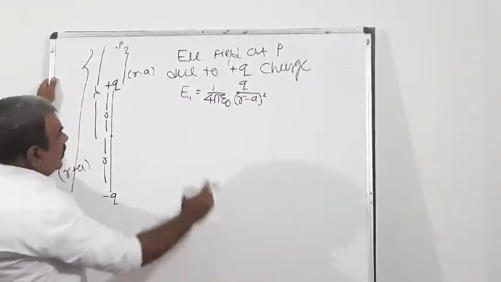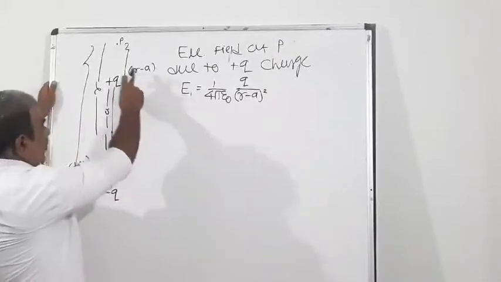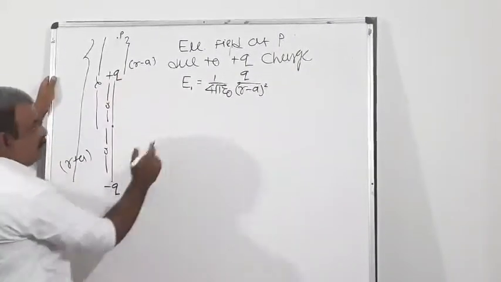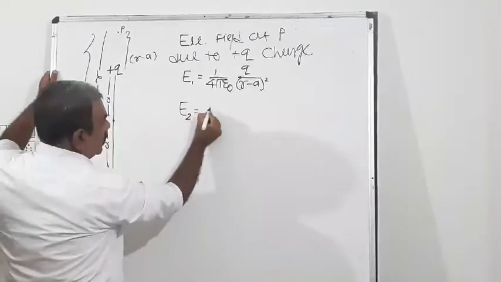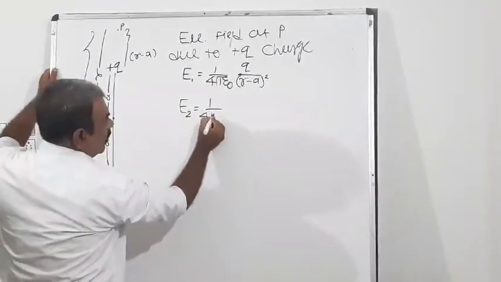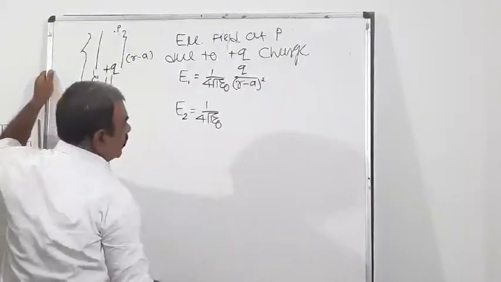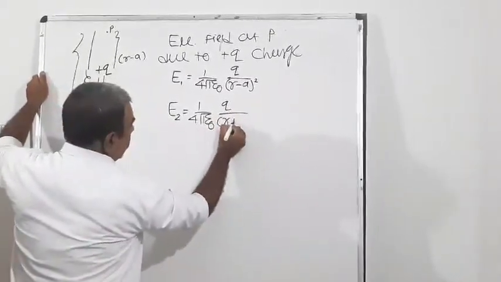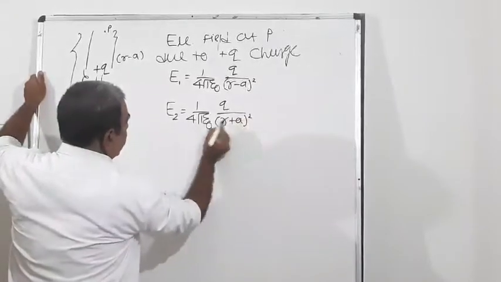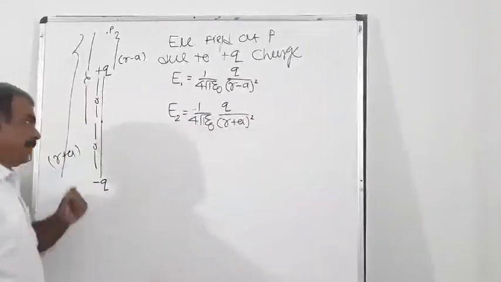Similarly, the electric field intensity at the same point P due to the minus Q charge, if I write it as E2, is 1 over 4 pi epsilon 0, Q upon r plus a, the whole squared. Here I will put a negative.